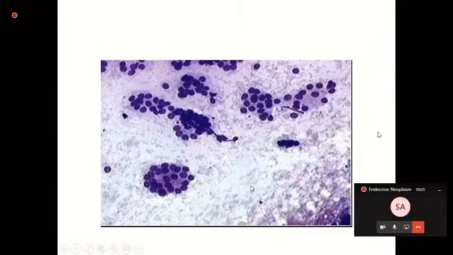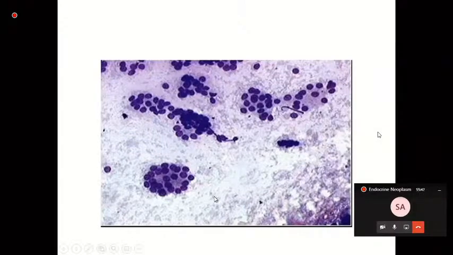Carcinoma or adenoma? Carcinoma. Why is it carcinoma? No, adenoma, no, carcinoma. I just mentioned, remember, neoplasm.